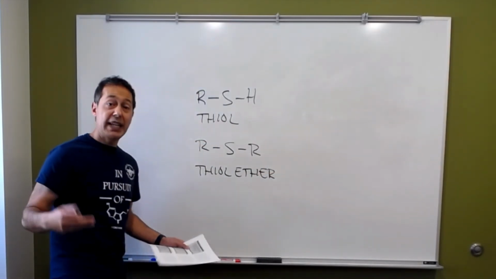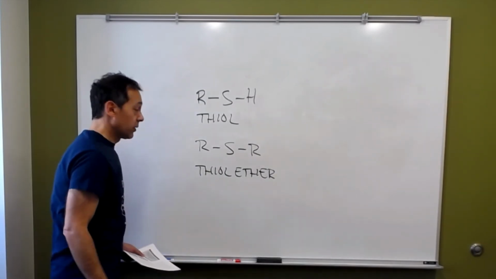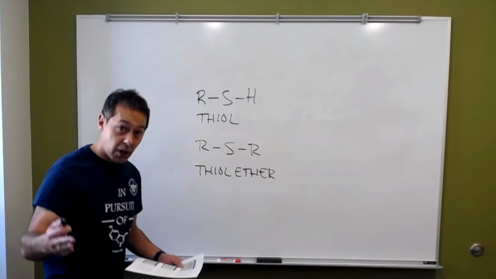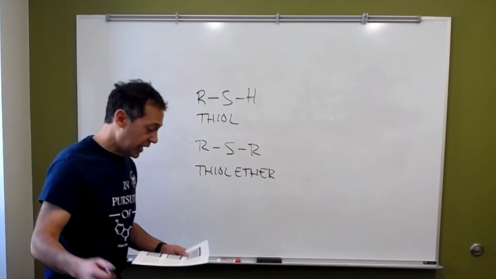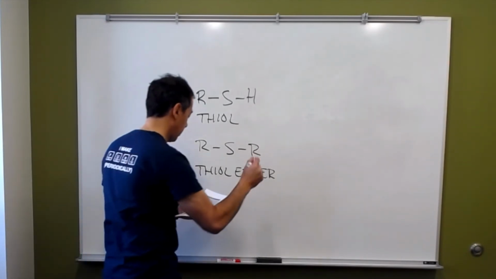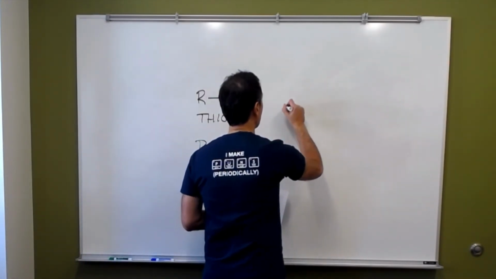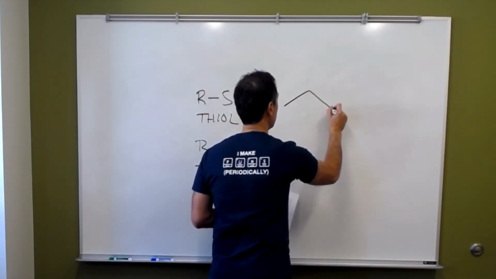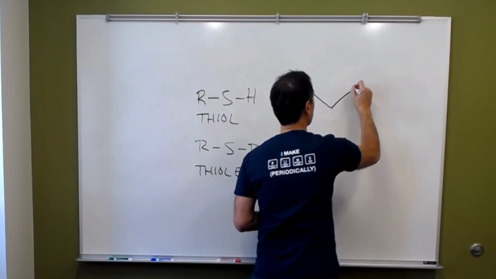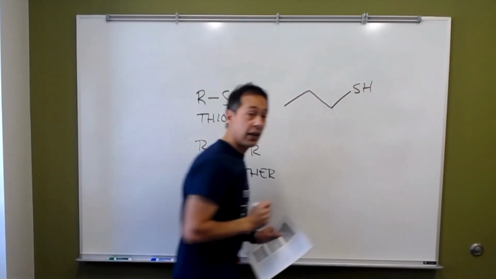So how do we name these things? Well, the naming is very, very similar to alcohols, but we just changed the ending here. So here I have 3 carbon atoms. 1, 2, 3. 3 carbon atoms like this. And then I'm going to put my thiol here, like that, on the end.